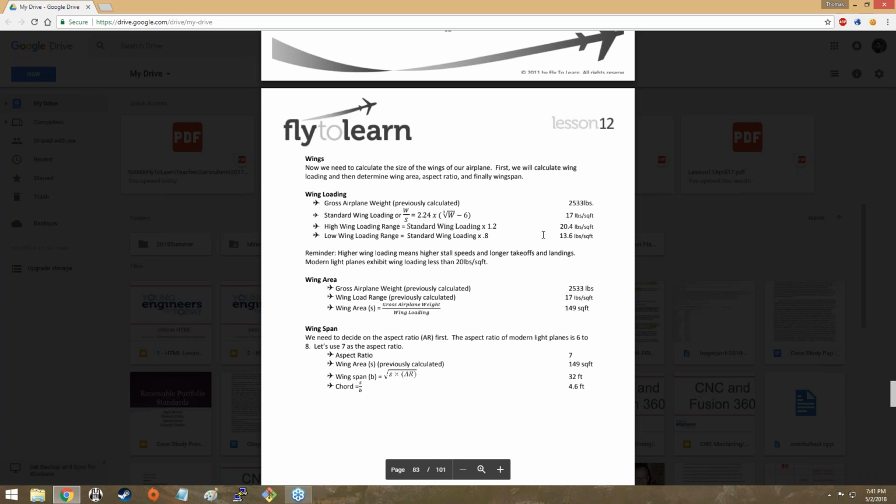But essentially, what we're doing is determining all of the different aspects of the airplane given some starting values. So given the aspect ratio and the number of passengers and the desired horsepower of the engine, we can determine the size of the wings, how much fuel it's going to take, how much range it's going to have, and stuff like that. So that's what we're working out right now.